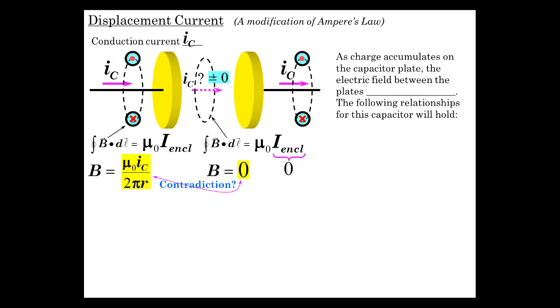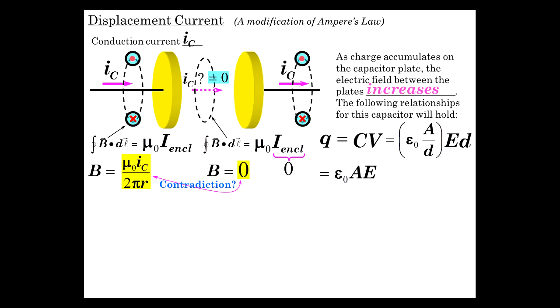There's reasons to assume that might be fallacious reasoning. As charge accumulates on the plates, the electric field between the plates starts going up. And so the following relationships will hold: the charge is capacitance times voltage. Well, that's epsilon 0 A over d, the geometric expression for the capacitance, times voltage, which is an electric field times a distance, E d.